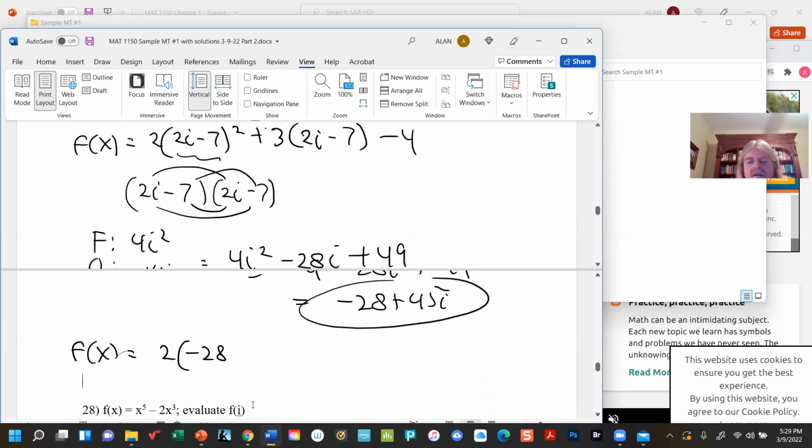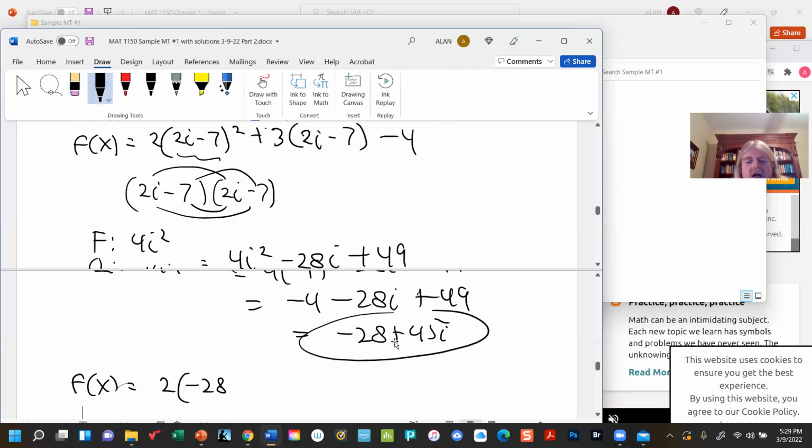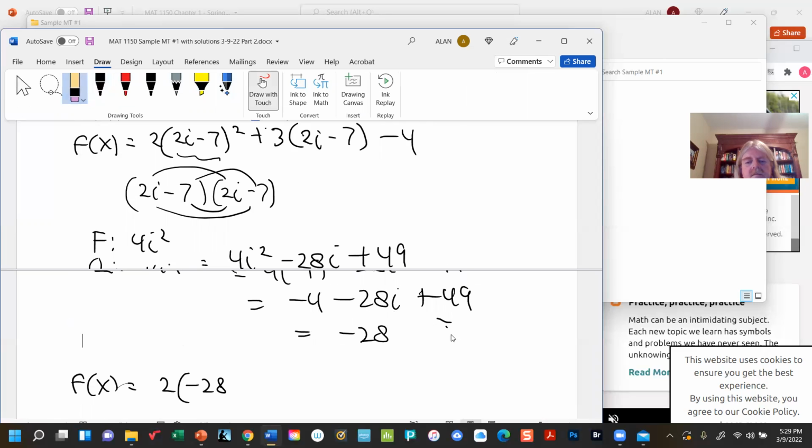Oh, I left out the i there. No, sorry, it's okay, hold on. The i belongs over here. It's minus 28i plus 45. All right, so we'll put that in here. That takes the place of this 2i minus 7 squared.